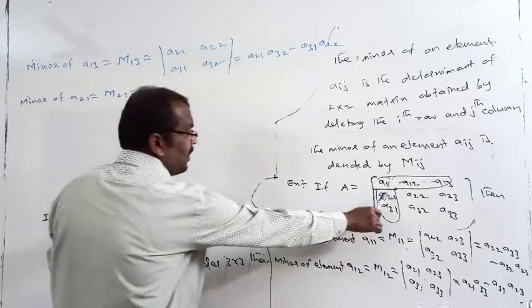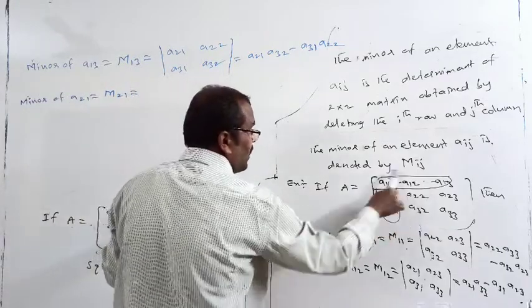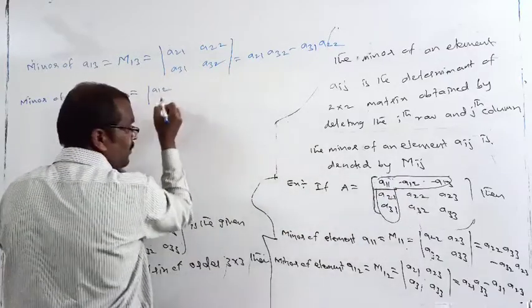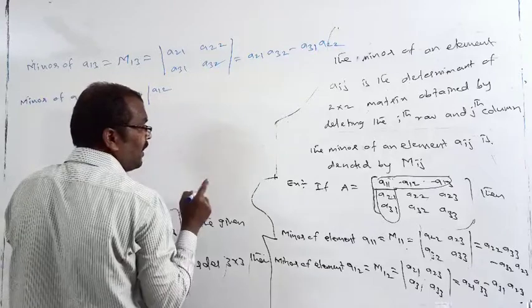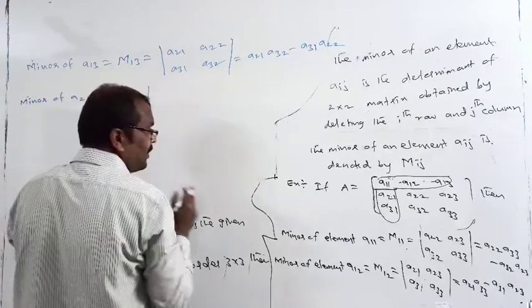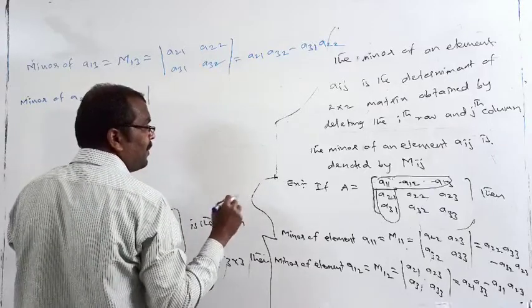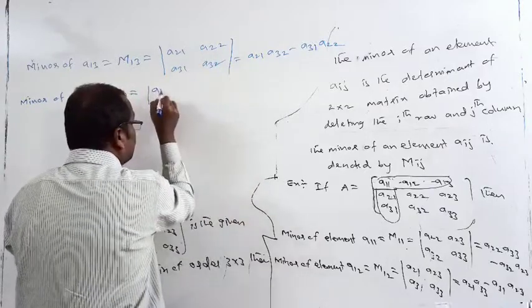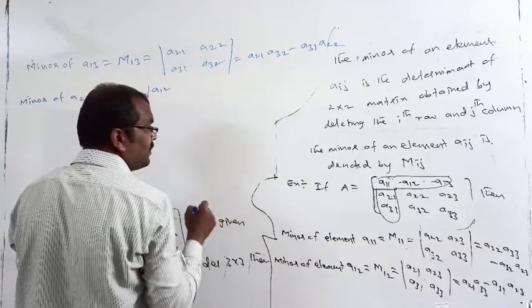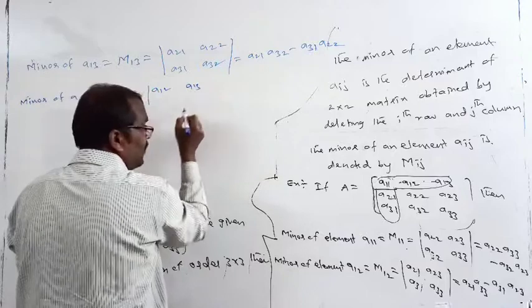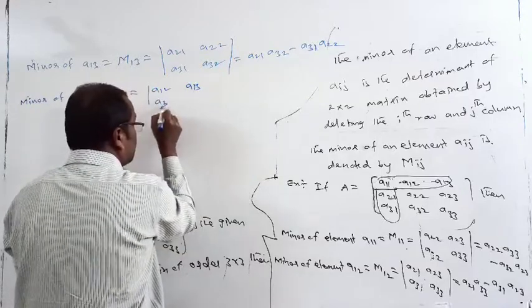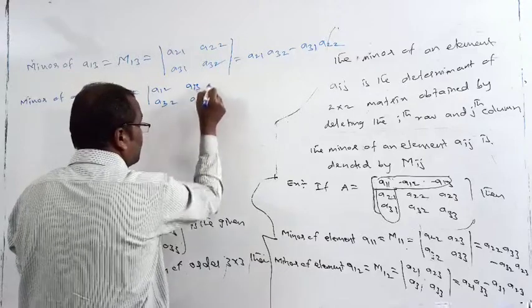Delete this row and column, leaving A12, A13; A32, A33.